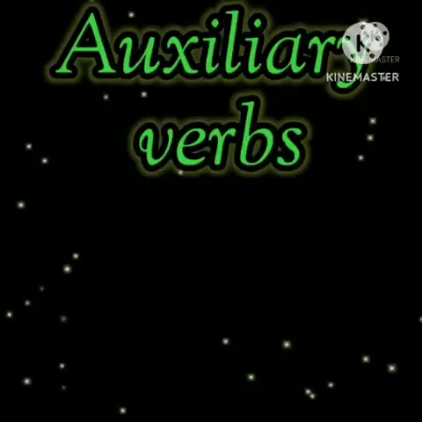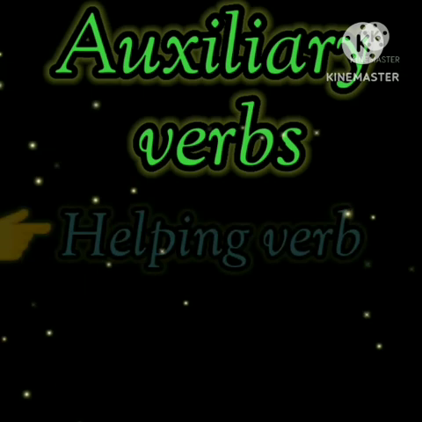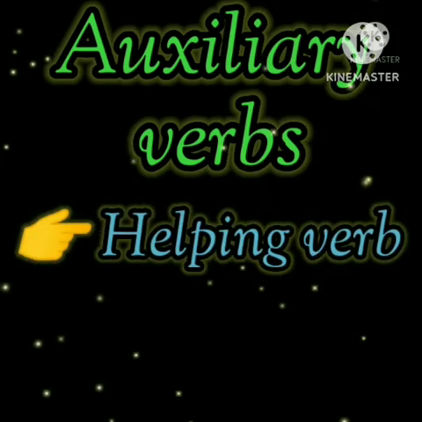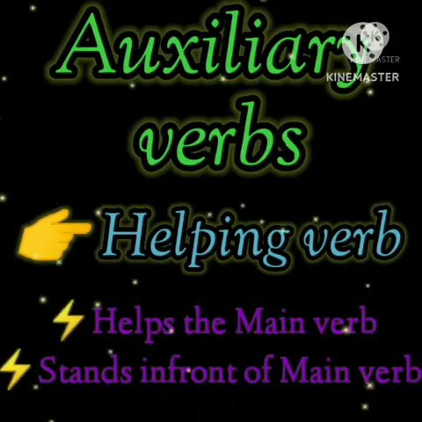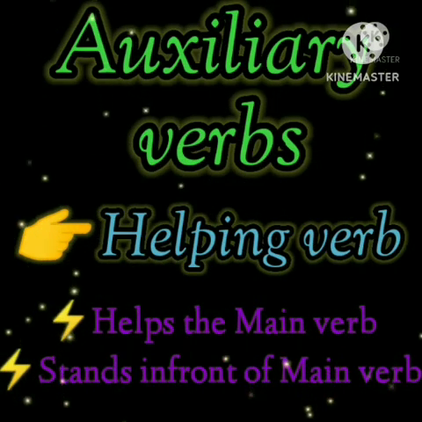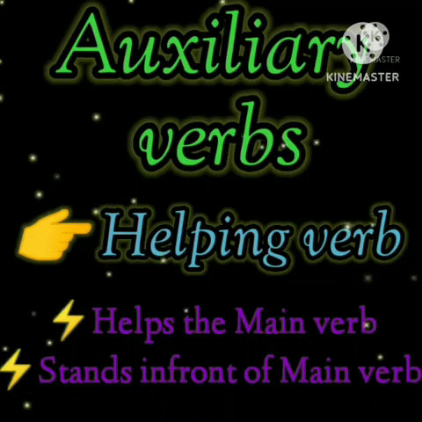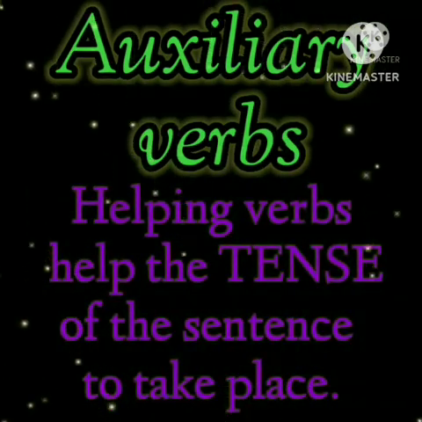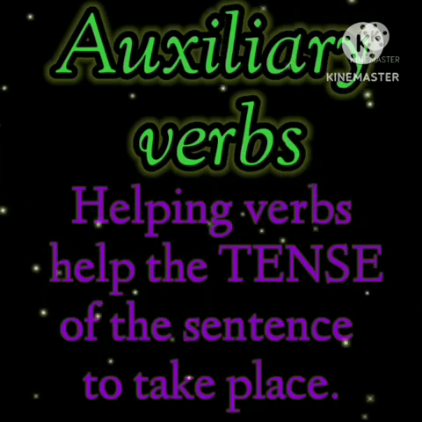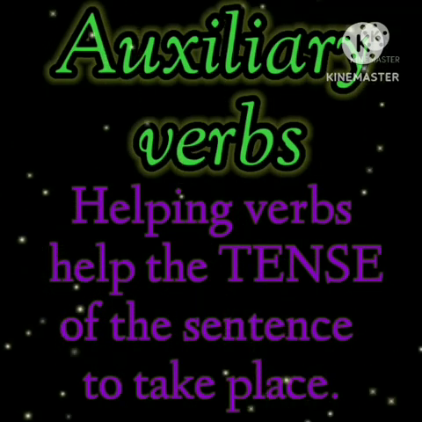The next one is auxiliary verb, which is also known as helping verbs. Helping verbs are helpers to the main verb in the sentence and they always stand in front of the main verb. Especially these helping verbs help the tense of the sentence to take place.